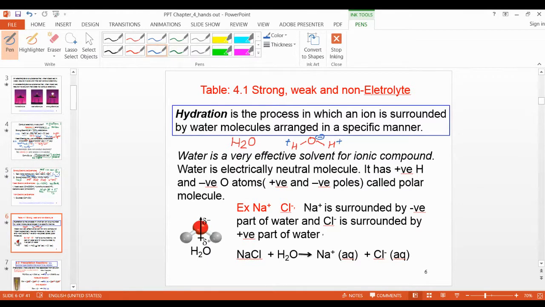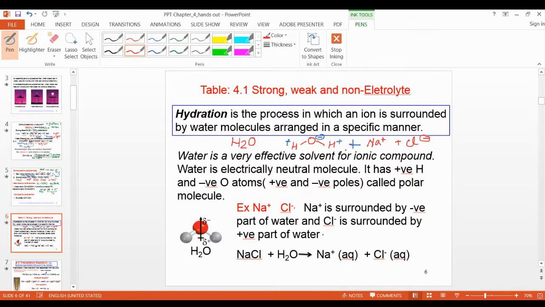So suppose you add NaCl here. NaCl has a plus charge, Na plus, and Cl minus charge. How does this sodium dissolve into water, how does this chlorine dissolve into water, how do they interact? That process is known as hydration.